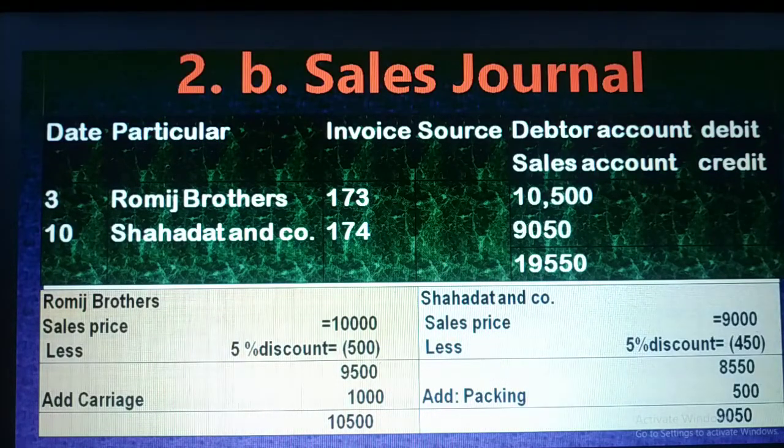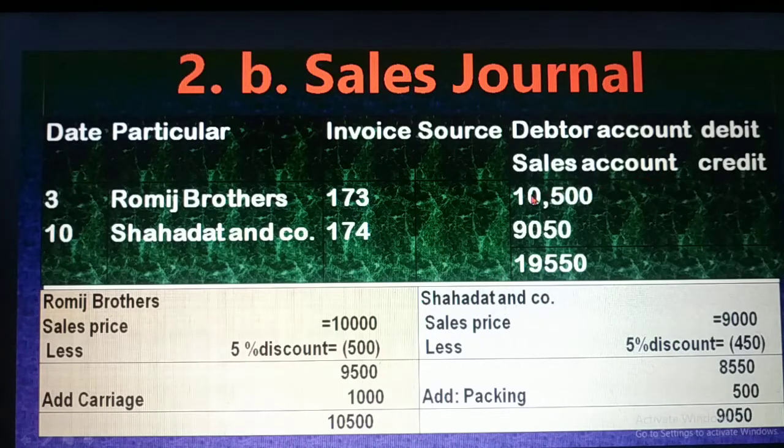Now sales journal. Dear student, for doing a sales journal, at first you have to draw a format. In the format, the first column is date, then particulars, or you can write account debited, then invoice number, then source, then debtor account debit, sales account credit.